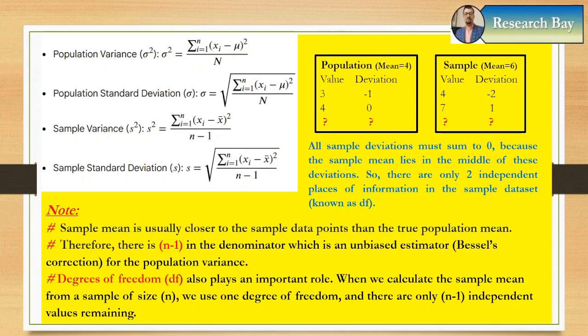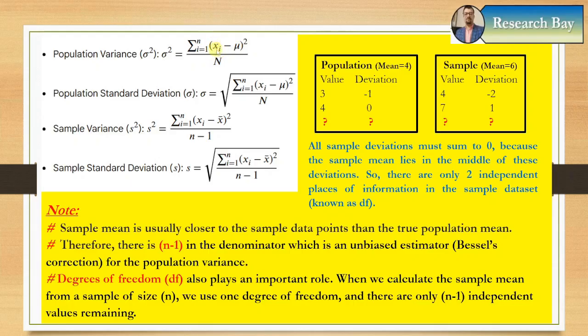So taking 3 observations from the population, we have 3 and 4 as the observations, and the deviation in this case is minus 1. How come? 3 minus 4 is minus 1. 4 minus 4 is 0. Why am I doing 3 minus 4? You see here, population variance. This thing is known as deviation.